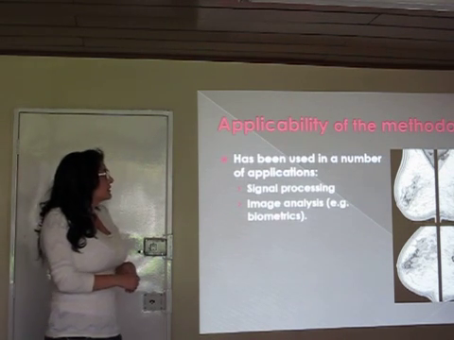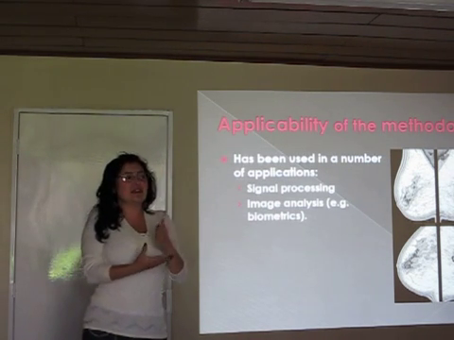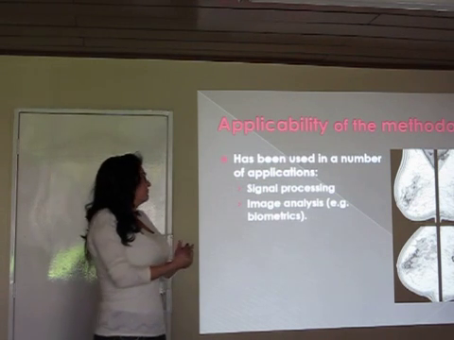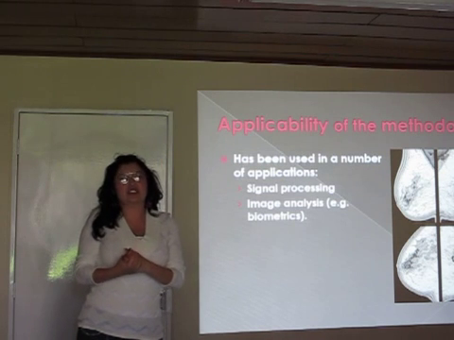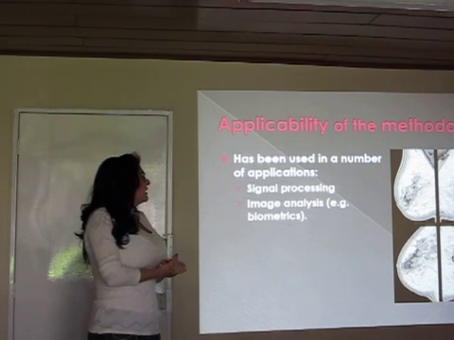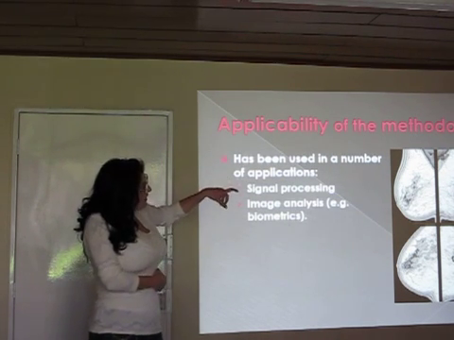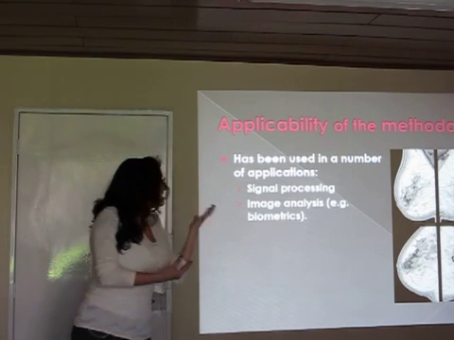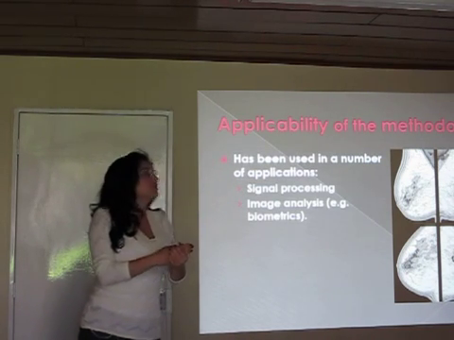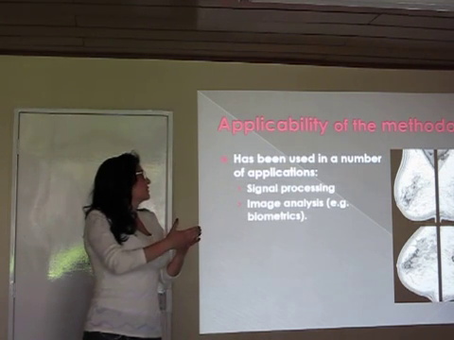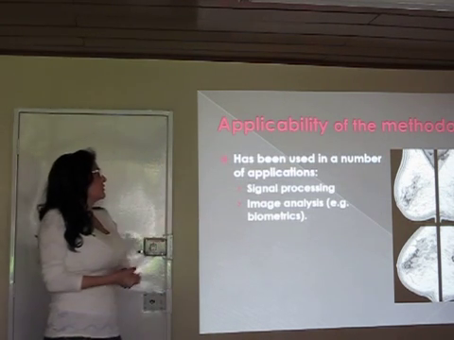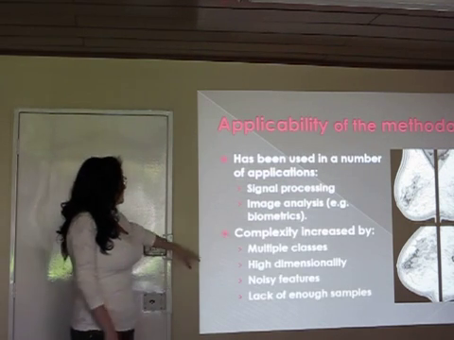In the field of image analysis, this is currently heavily used in cancer identification. In this figure we have mammographies, and these techniques are currently used for detecting anomalies in the mammographies in order to reveal a possible cancer mass.